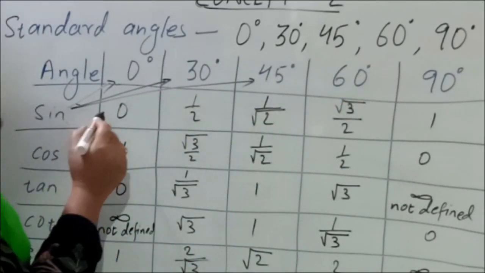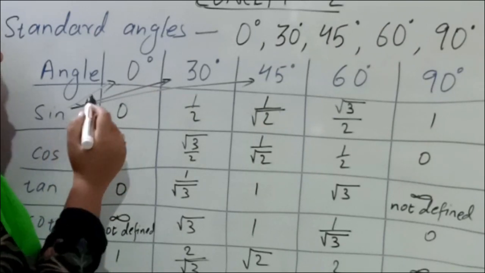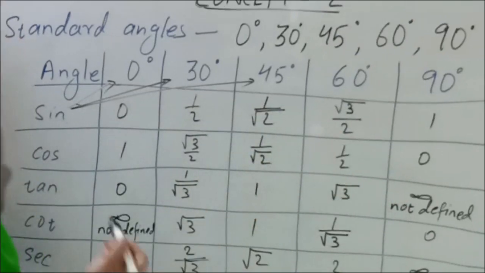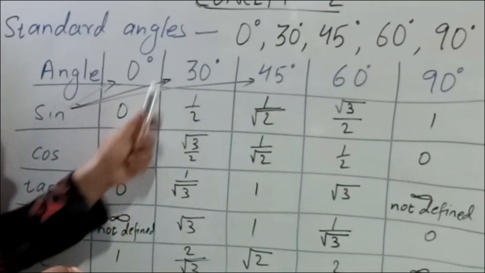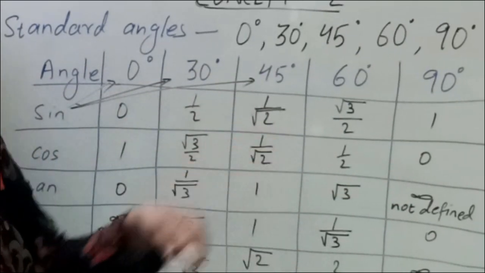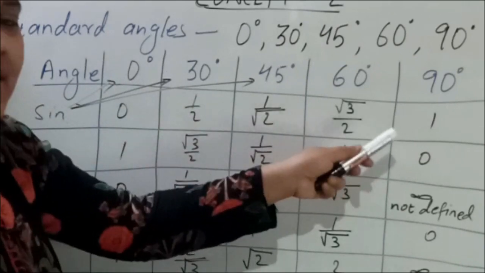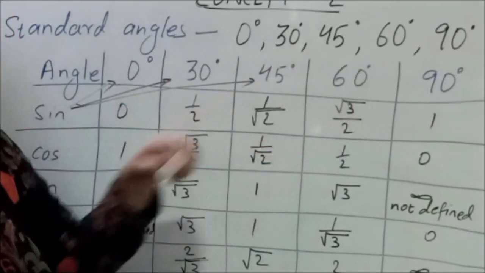So you see the value of sine from 0 to 90 degrees is increasing from 0 to 1. Is it or not? 0, then half, then 1 by root 2, then root 3 by 2, then 1. Its value is increasing. The value of sine is increasing from 0 to 1 when we go from 0 to 90 degrees.